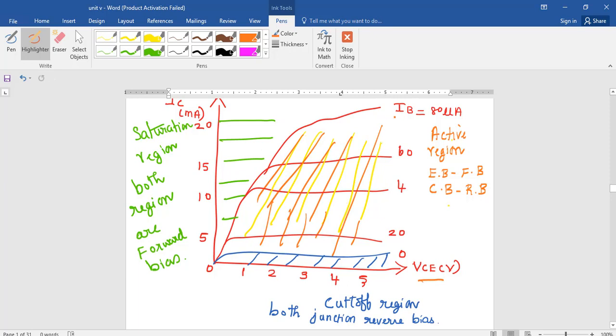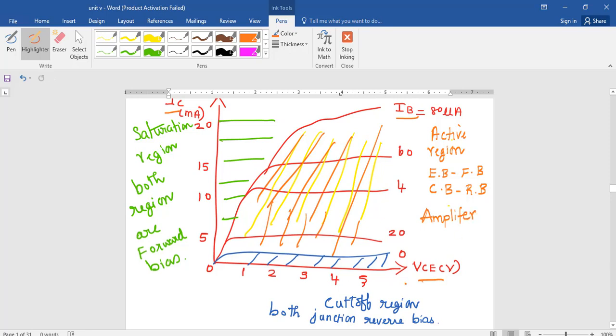For any change in IB, IC changes. In this active region it is used as amplifier.